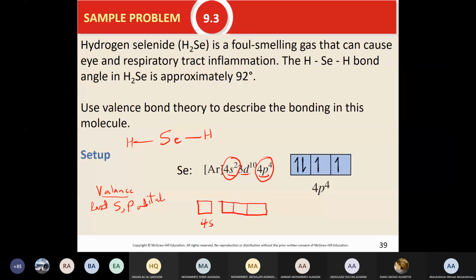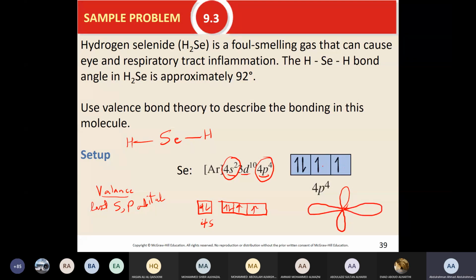Now when the hydrogen comes, where is the hydrogen going to interact? We have these two empty orbitals, one like this and the other perpendicular to it.